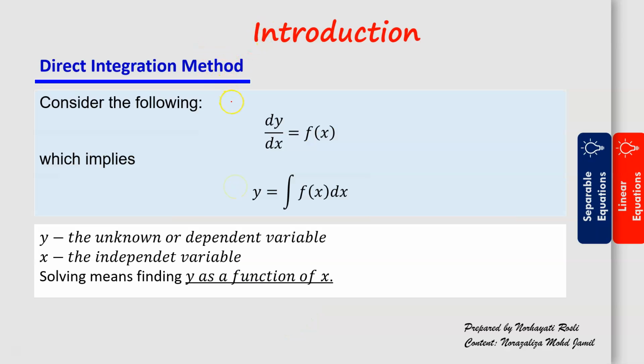For the direct integration method, for example, if we have dy/dx equal to f(x), and we want to solve this equation, it means that we want to find a function y. How to find this function y? If you have dy/dx equal to f(x), it means that we can write dy equal to f(x) dx.